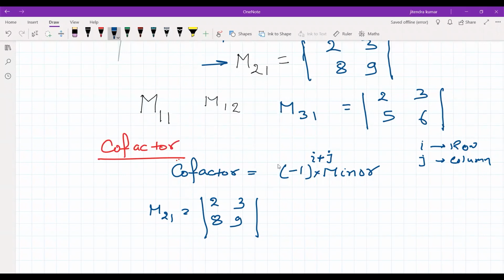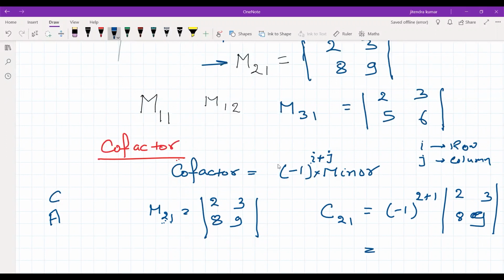Now, cofactor is represented as C somewhere, and in some books it is represented as A also. I'm using C here. So C21 will be equal to (-1) raised to the power 2 plus 1, since I is 2 here and J is 1, into the minor 2, 3, 8, 9.